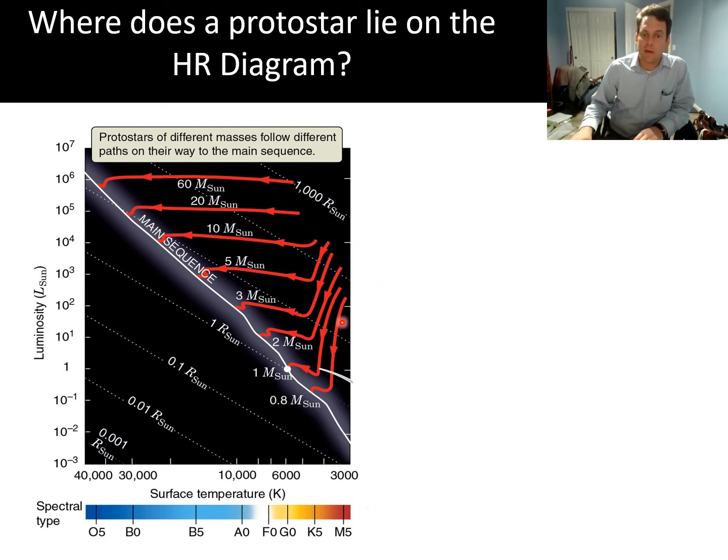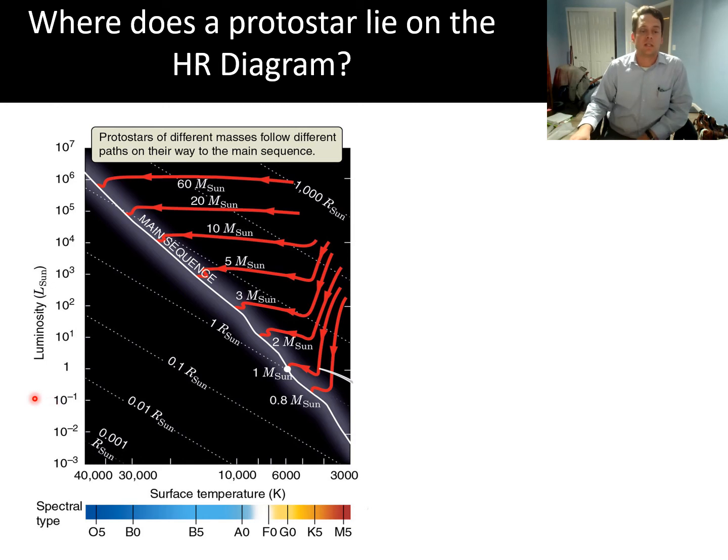These are low-mass protostars over here, and these are high-mass protostars here. This one happens to be 60 solar masses, and this one down here is 0.8 solar masses. So you can see they take different tracks based upon their mass, which is consistent with what I've said before, which is that almost all of the properties of a star are determined by its mass. But they can be quite luminous. You look at this again.